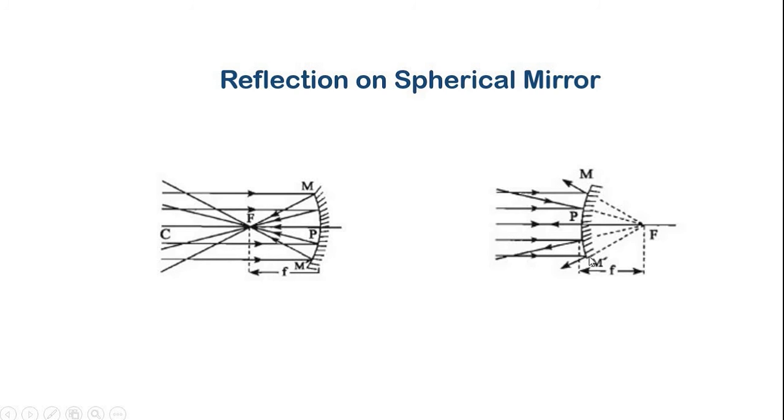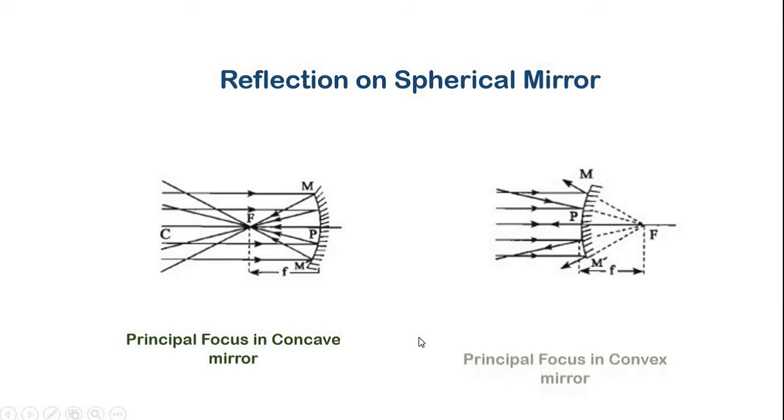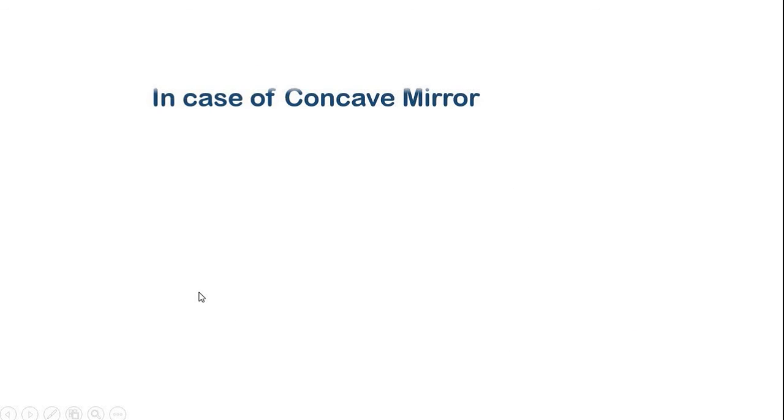Here F is the principal focus in concave mirror and convex mirror, and small f is the focal distance from principal focus to pole, FP.